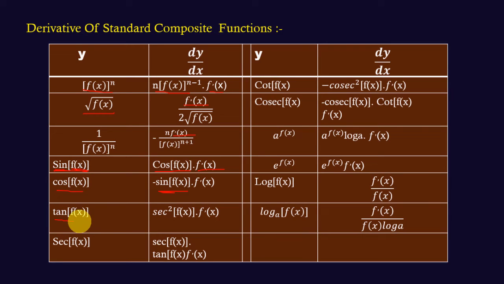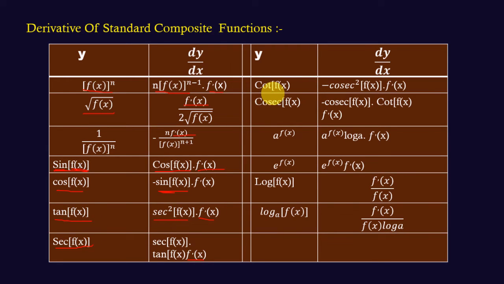Then the derivative of tan x we know is sec square x, so here it is sec square of f of x into f dash of x. Then the derivative of sec x is sec x into tan x, so in place of x it is f of x: sec of f of x into tan of f of x into f dash of x.